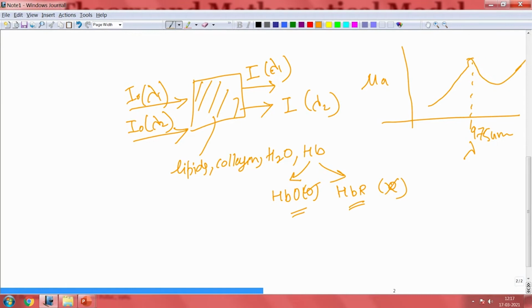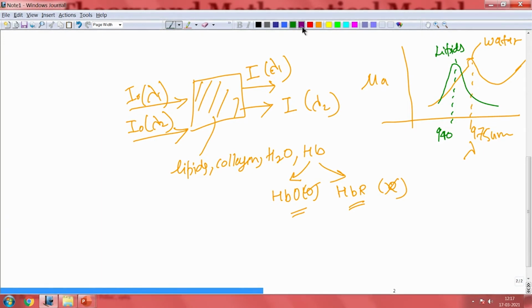In the case of lipids, there is a peak of absorption specifically at 940 nanometers. So, in the case of water it is around 975, and in the case of lipids it is around 940.